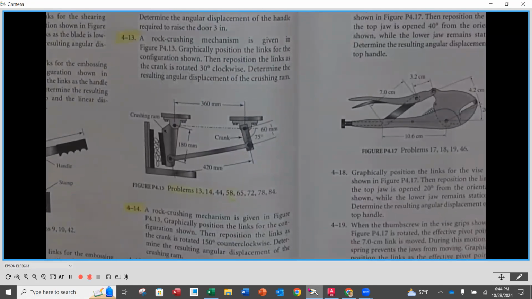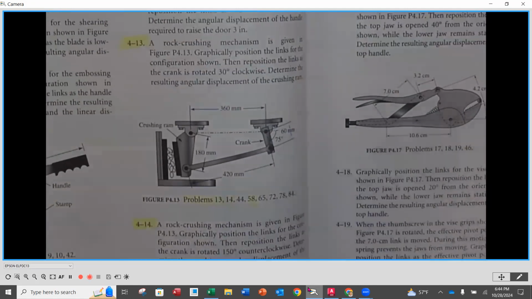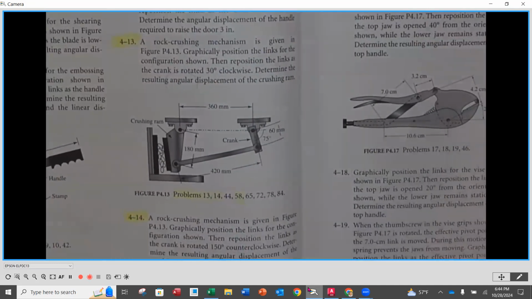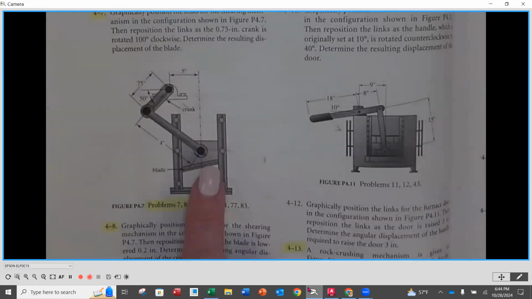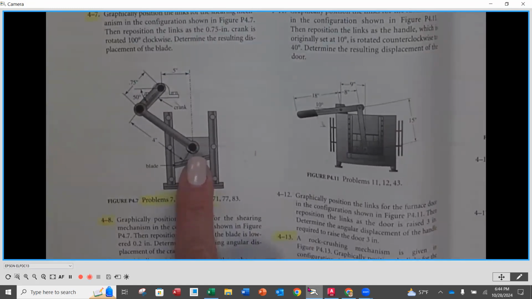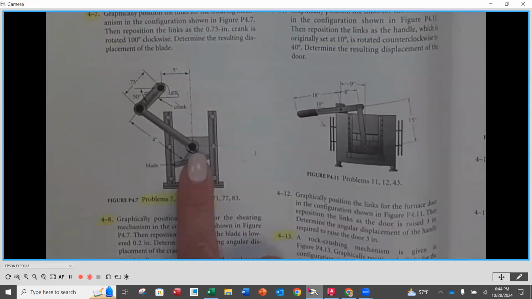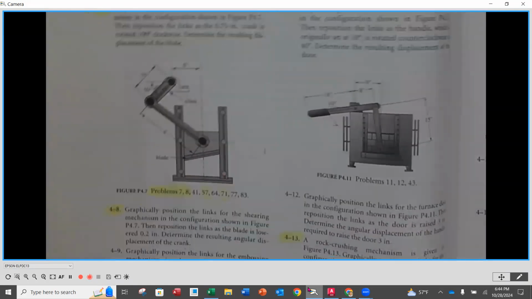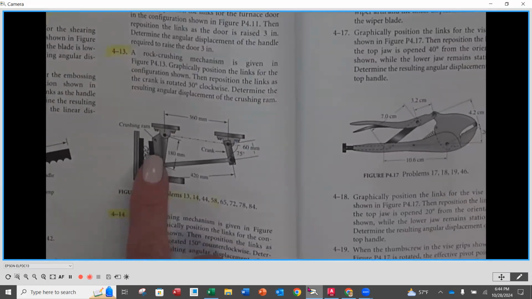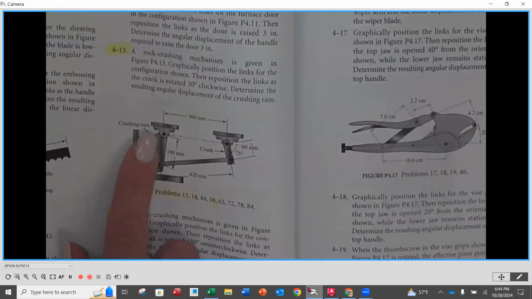Now, something I am going to expect to see is that when they're asking for the resulting displacement of the blade, for instance, this blade is going to be shown as a slider, which is going to mean that you get a linear displacement. So you're going to show a linear dimension for whatever that difference is. But on this one, your resulting output is actually going to be a rotating link.